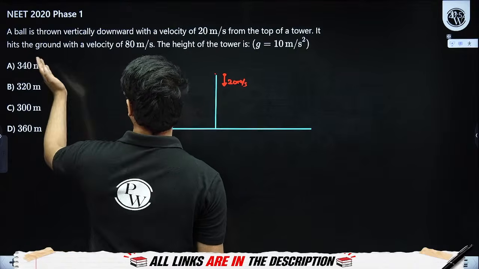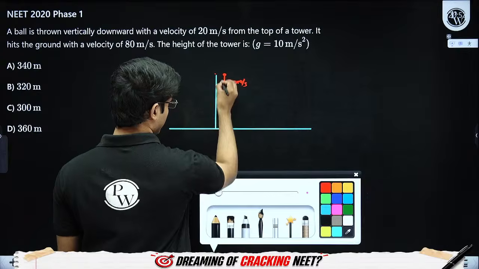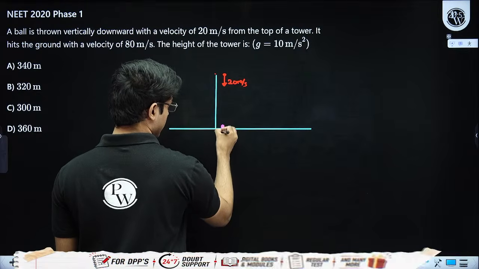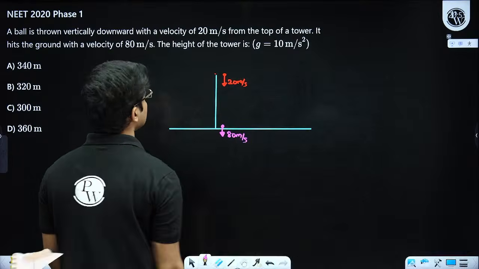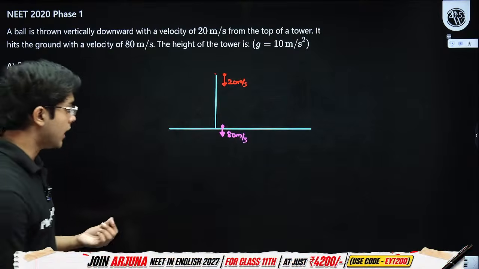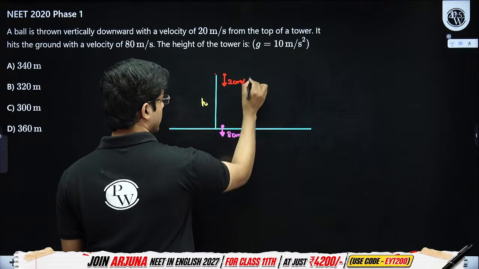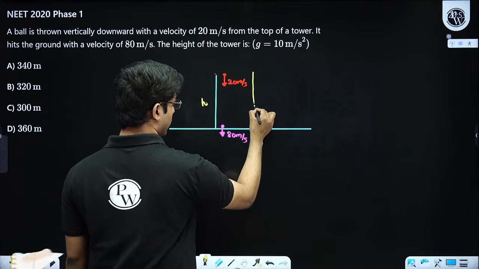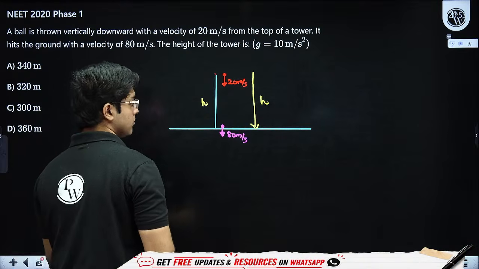Okay, it hits the ground with a velocity of 80. So the moment it reaches the ground, it is hitting it with a speed of 80. Then they're asking what is the height of the tower. So the displacement of the ball is actually the height of the tower itself, right?